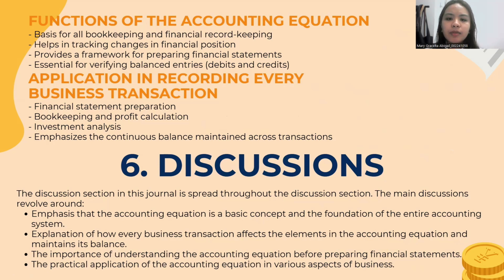Explanation of how every business transaction affects the elements in the accounting equation and maintains its balance. 3. The importance of understanding the accounting equation before preparing financial statements. 4. The practical applications of the accounting equation in various aspects of business.